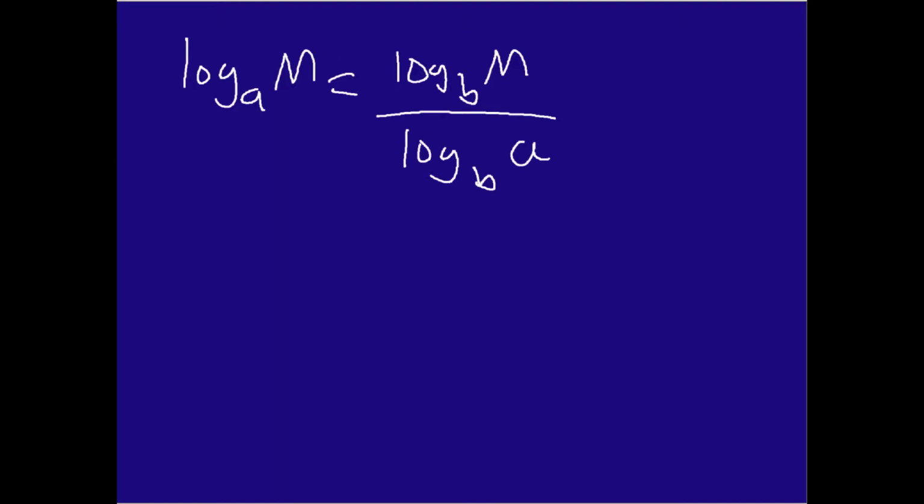Let me just draw a picture, draw little arrows here. The m continues to be an argument like so, but the a that used to be the base, it now becomes what we often call an argument, and then you have the new base that they have in common like so. And so this is how you're able to deal with changing the base so that you can accomplish different things.